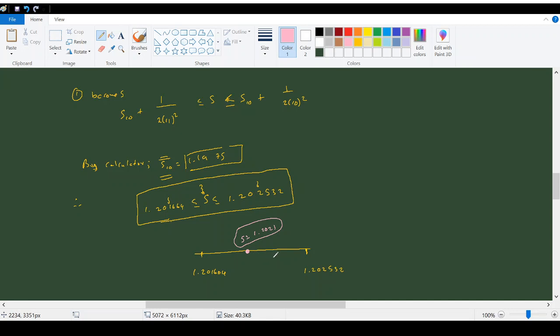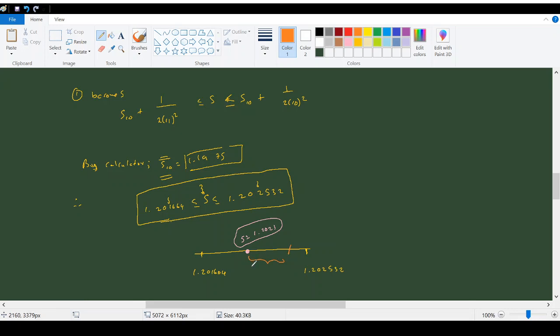Okay, that means the maximum error that this number can have is half of this distance, because we know that the actual value should lie somewhere in between, right? So let's say if it is here, the error will be the distance between the estimated value, which is this one, and this one, right?